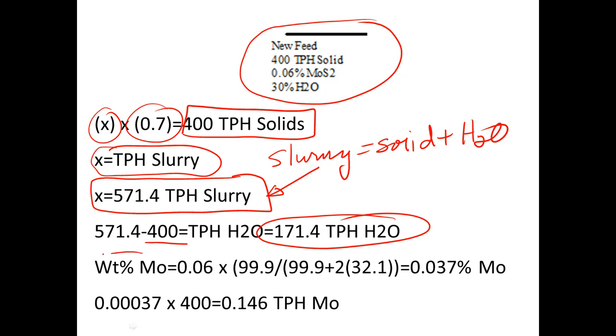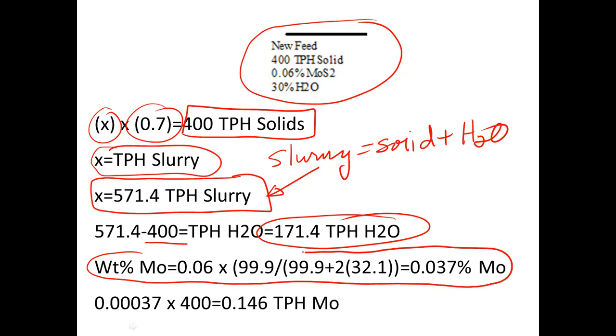I need to calculate the weight fraction metal in this new feed stream. And I can do that by taking the mineral grade of 0.06 times the molecular weight fraction of molybdenite.